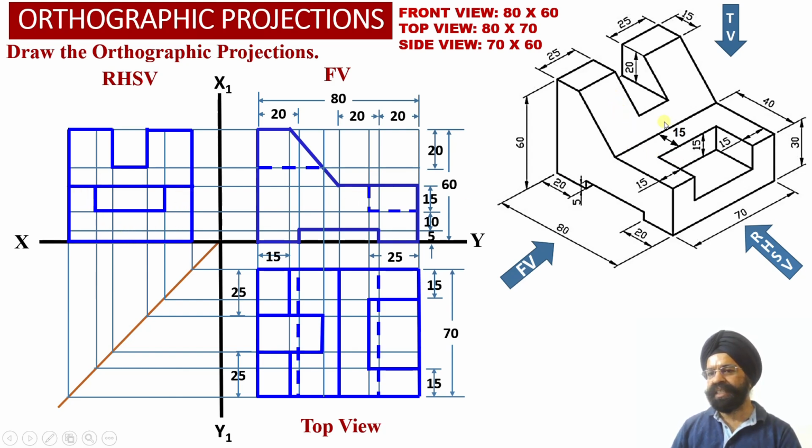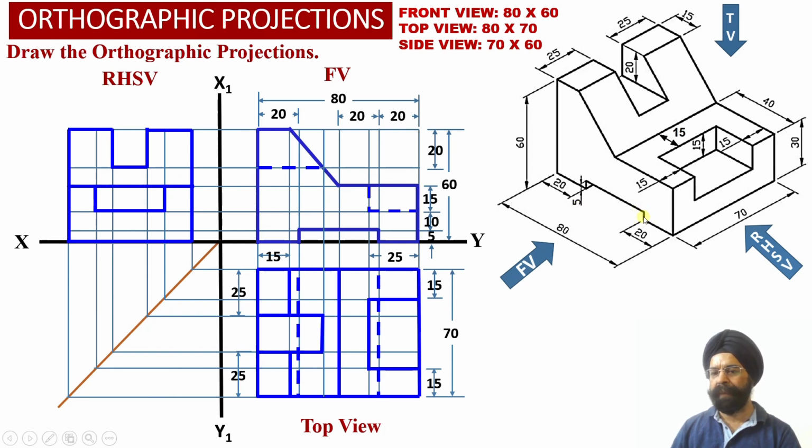Whereas this inclined surface, which is visible to the observer from the right hand side view orientation, is not parallel to the profile plane, so we are able to observe the apparent shape projection corresponding to this inclined surface in the right hand side view orthographic projections over here.